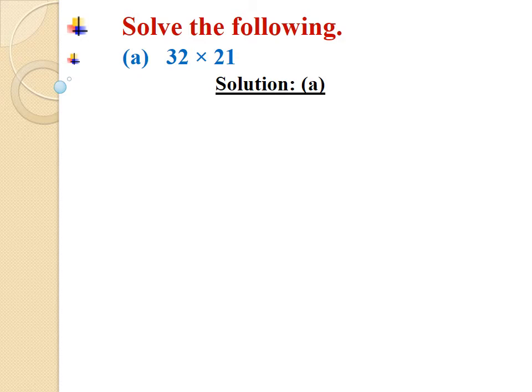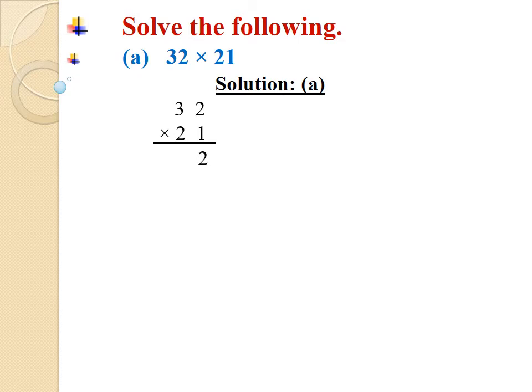Let us first of all solve step number 1. Students, in step 1, we have to multiply 32 by 1 once. Thus, multiplying 2 by 1, we get 2.